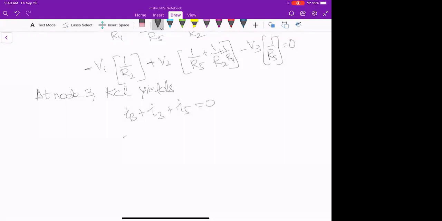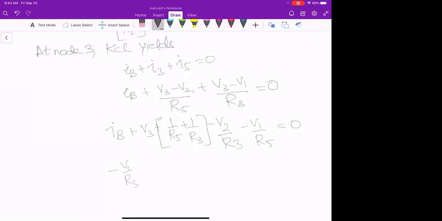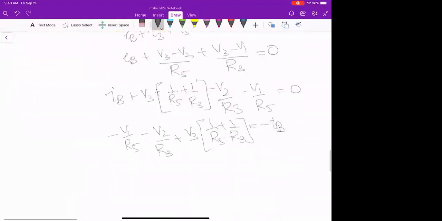Okay, so I3, I5. It's also connected with our previous minus 1 over R3, minus 1 over... is there a mistake here?